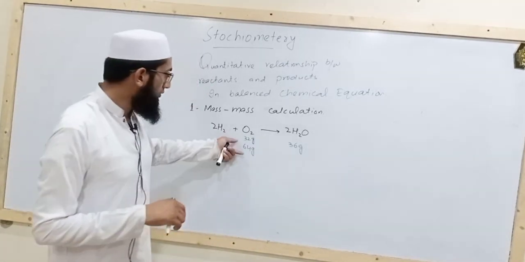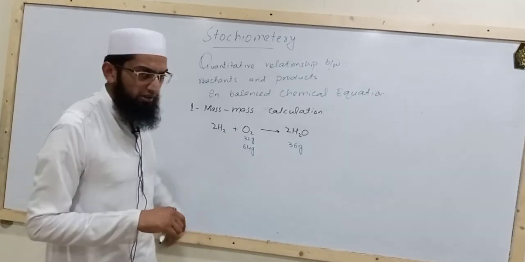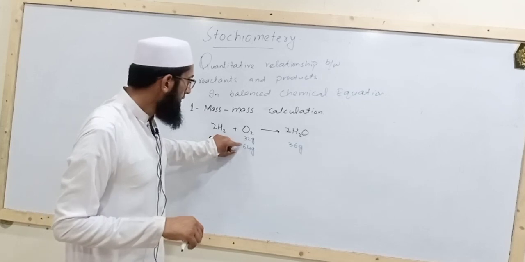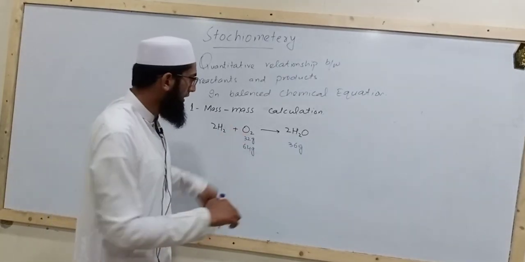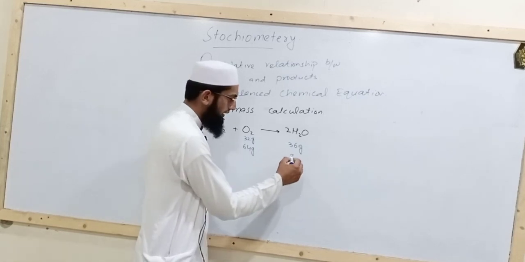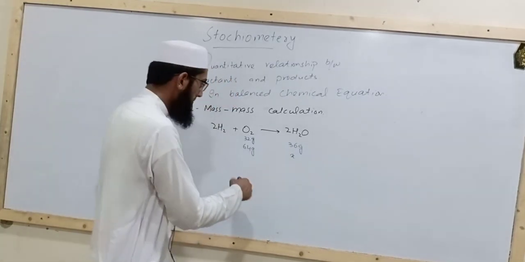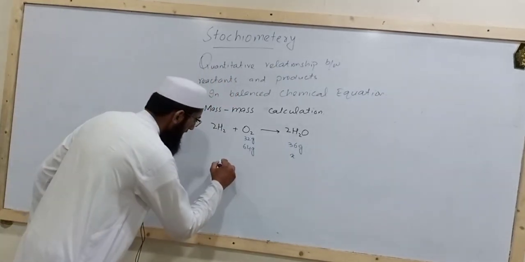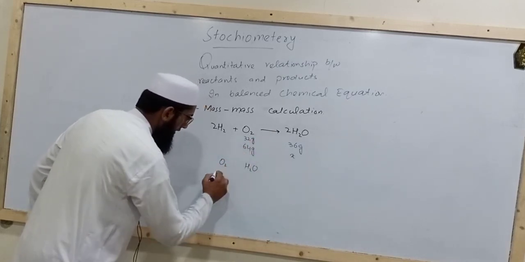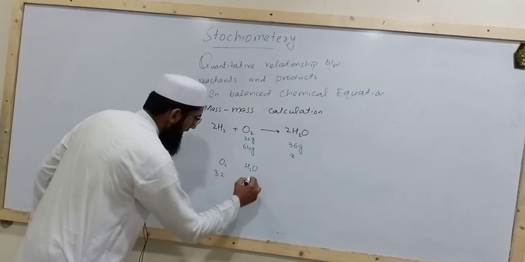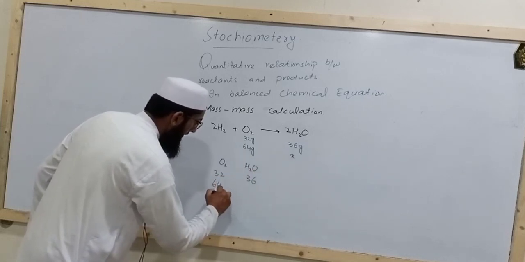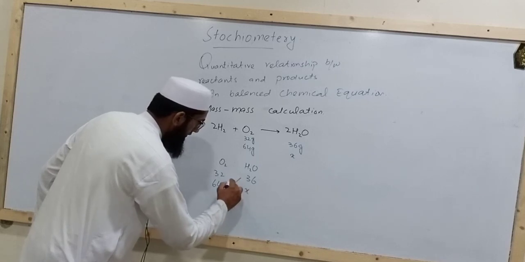But if we have 64 gram of oxygen in enough amount, then how much mass of water will be formed? This is the standard. We can say oxygen to water from this equation: 32 gram of oxygen makes 36 gram of water. If we have 64 gram of oxygen, what will be the water formed?